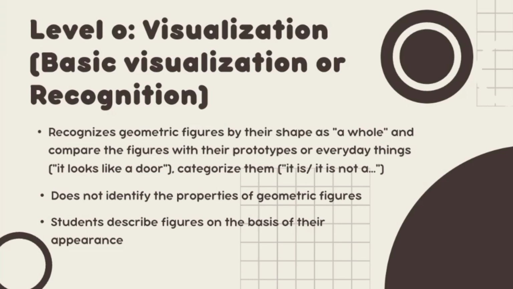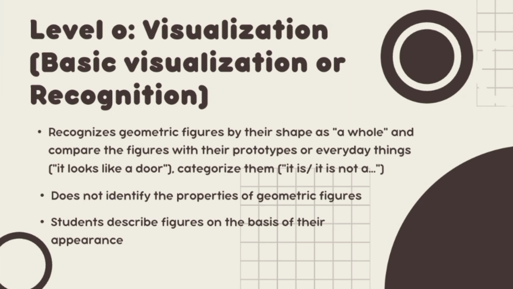Another example, they will still insist that a square is not a rectangle. They may introduce extraneous properties to support such beliefs, such as defining a rectangle as a shape with one pair of sides longer than the other pair of sides. Students begin to notice many properties of shapes, but do not see the relationships between the properties.